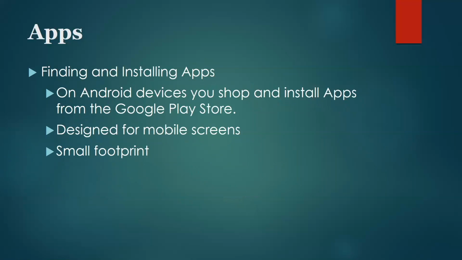In other words, they are designed to fit the smaller screens, and that allows you to swipe to get to the next screen rather than having to scroll up and down on the device. They have a small footprint, so they don't take up a lot of space, and they're quick, fast and responsive.